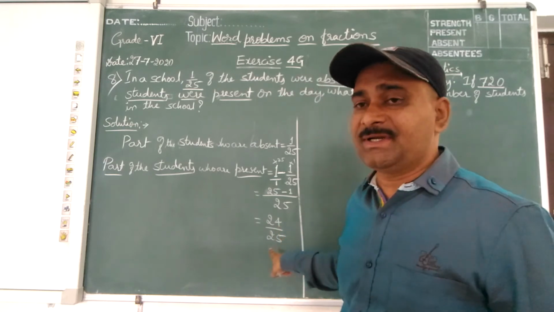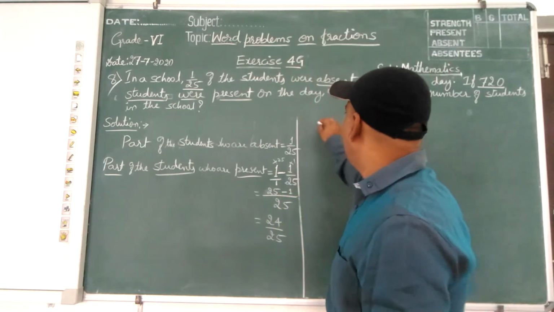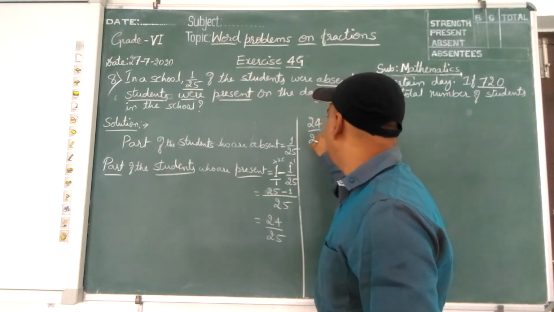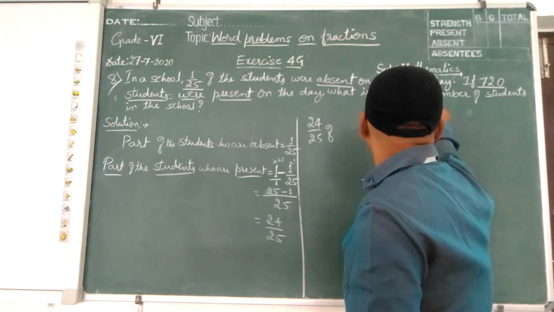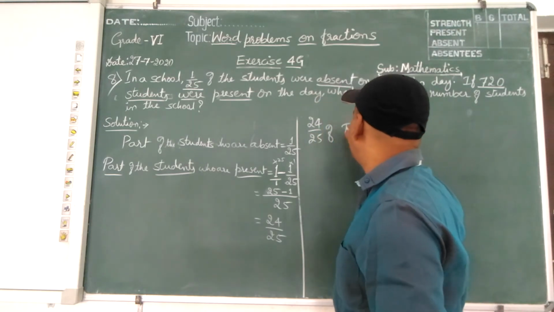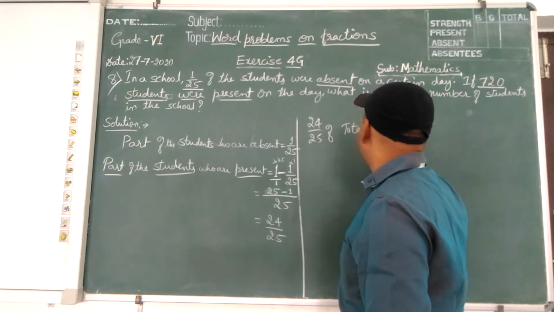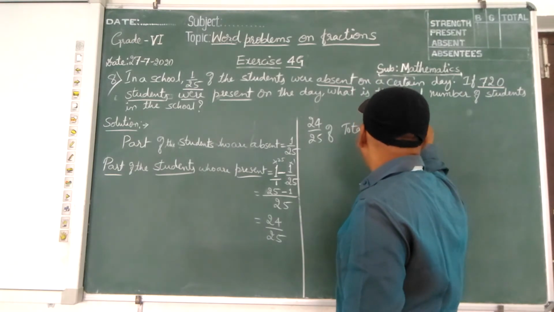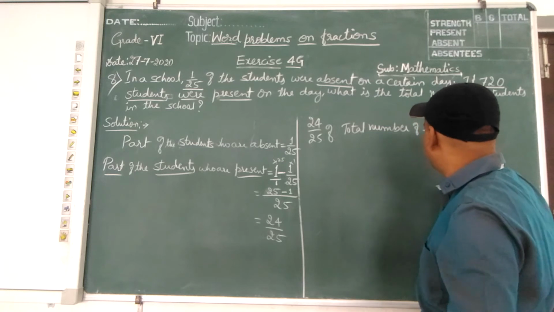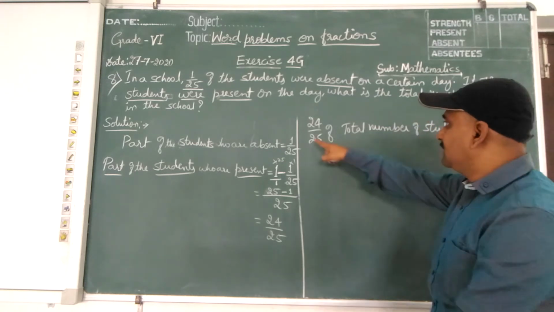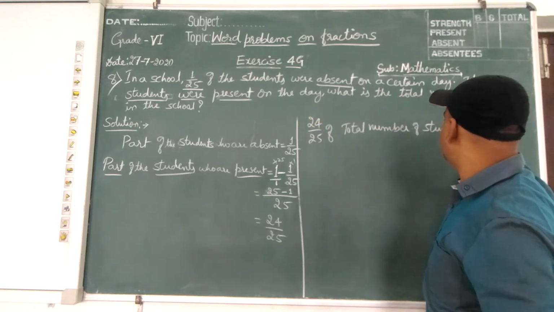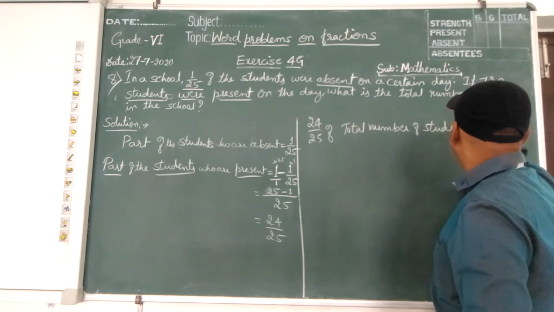If these many are present, we should now find out 24 by 25 of the total number of students. Total number of students, it is given, children. This part of total strength is how much? 720.